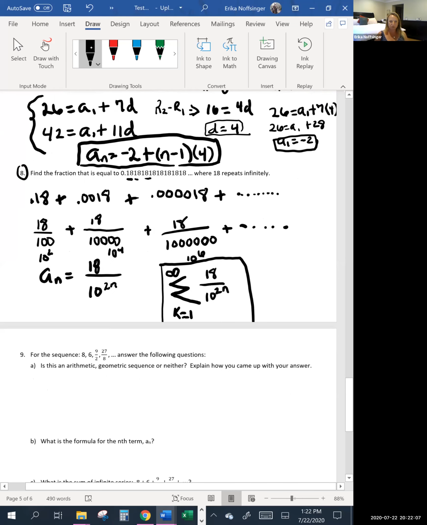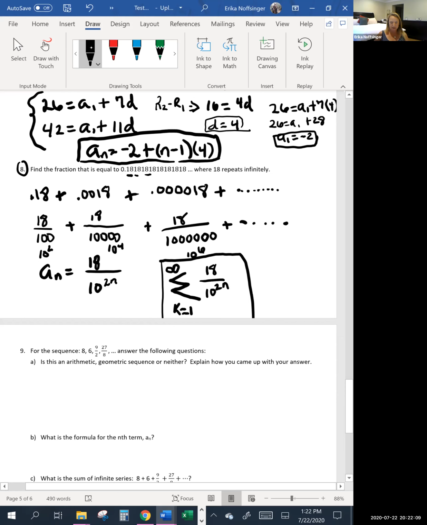Okay, so next question. For the sequence 8, 6, 9/2, 27/8, answer the following question. Is this an arithmetic, geometric sequence, or neither? Explain how you came up with the answer.